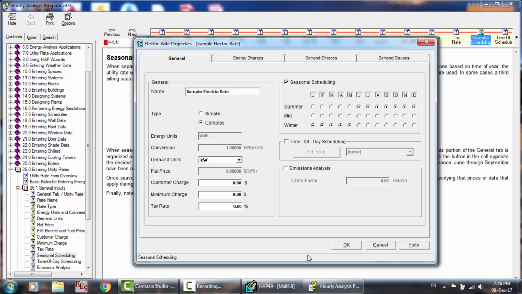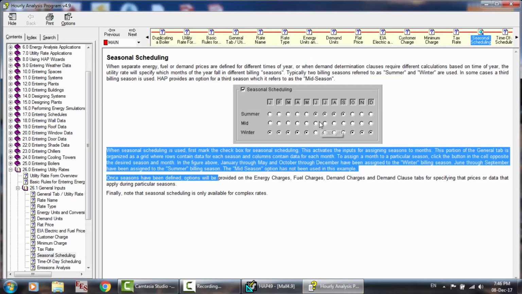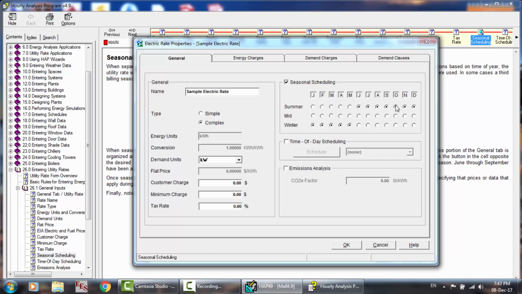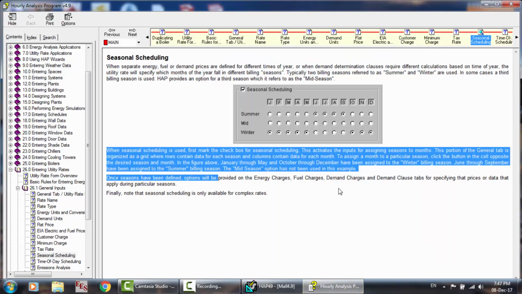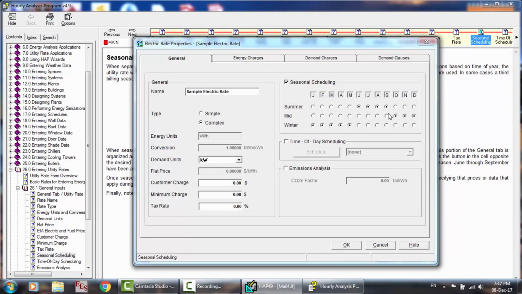And from June to September is the summer. But October, November, December is the mid. So the mid-season option has not been used in this example, but we have mid-season here if you want.